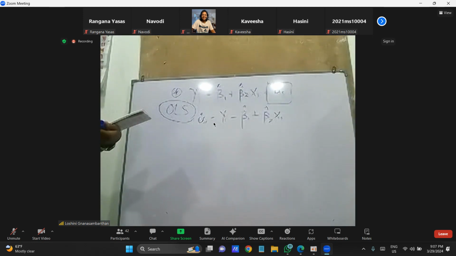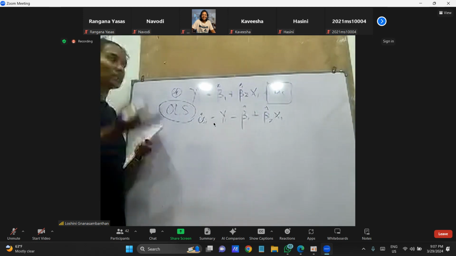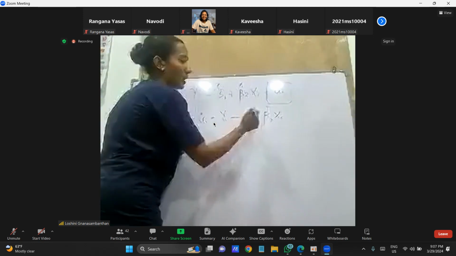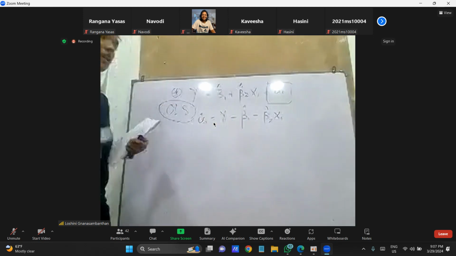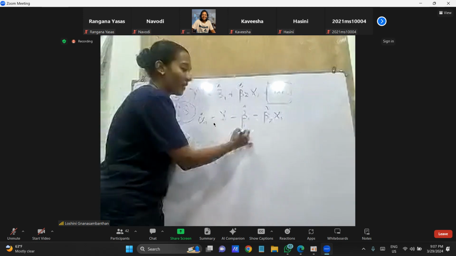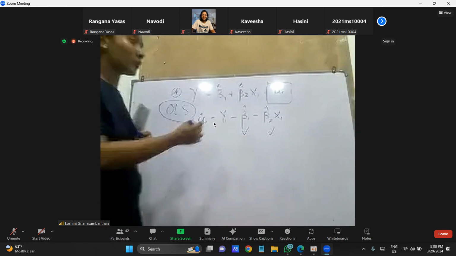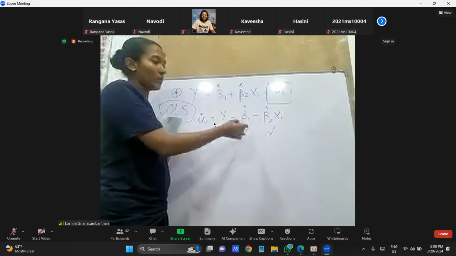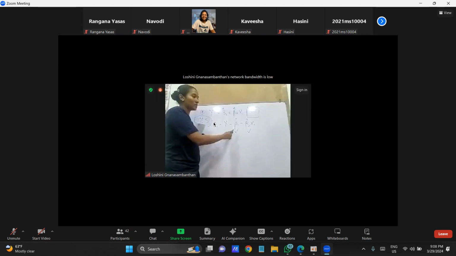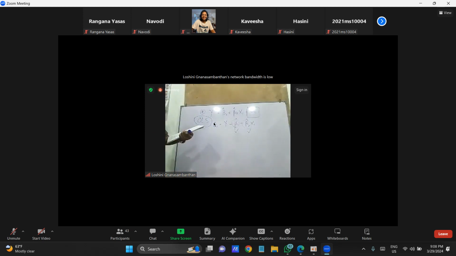Now, in the ordinary least square method, we find these values through an equation, right? So we are going to form an equation which will allow us to find this beta 1 and beta 2. That is what we are going to do from the OLS model.